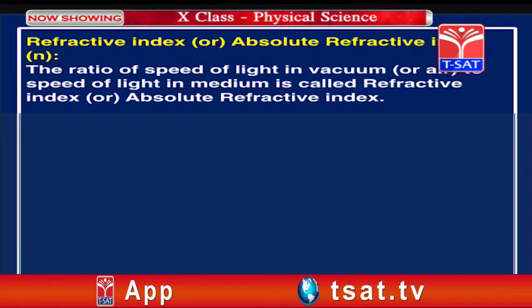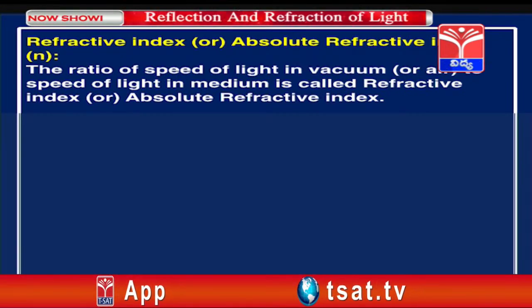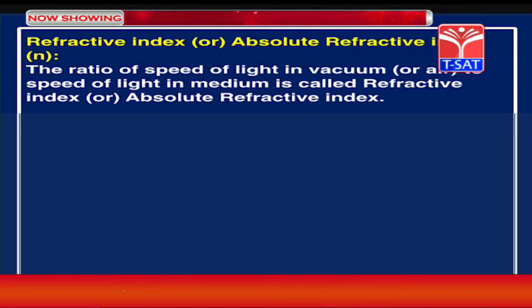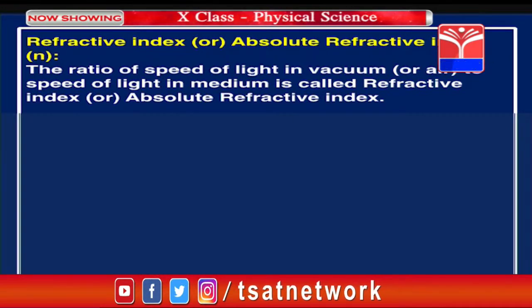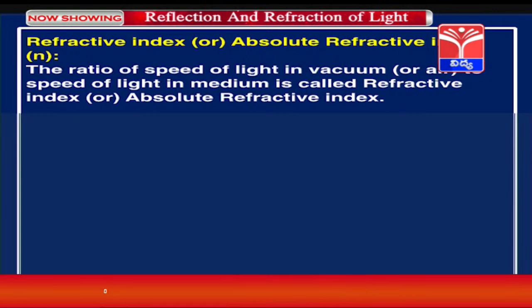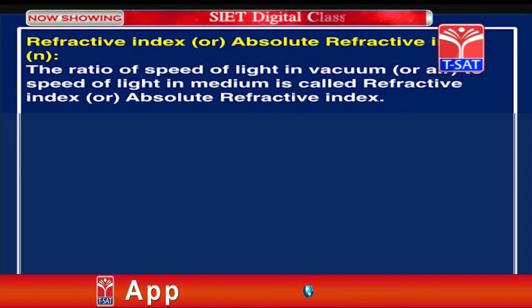Refractive index is also called absolute refractive index. It is represented by eta or mu. The ratio of the speed of light in vacuum to the speed of light in a medium is called refractive index.